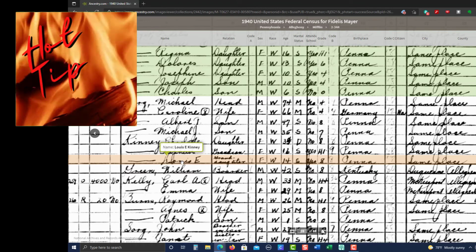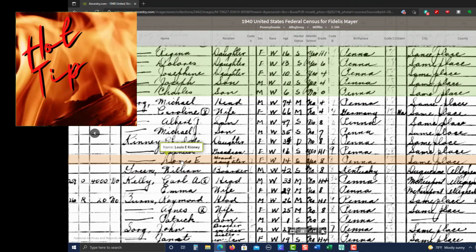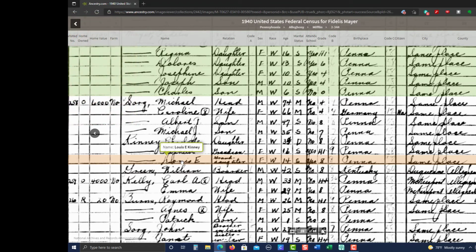This information that pops up when you scroll over it in Ancestry, and this is true for other sites too, human beings have gone through and transcribed these census records. And in this case, whoever transcribed it, transcribed this person's name as Lewis. But it sure looks like Doris to me.